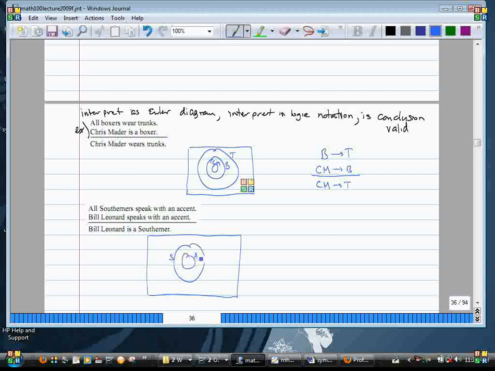So does this picture tell us that all Southerners speak with an accent? Is it possible to be a Southerner, the way this picture is drawn, but not speak with an accent?